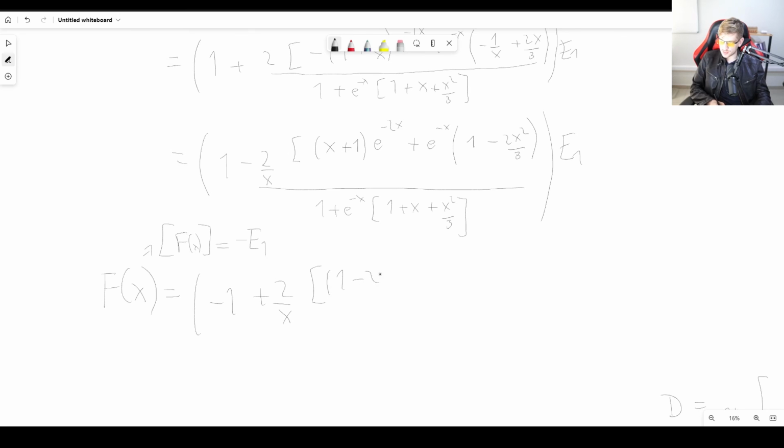So 1 minus 2x squared over 3, e to the minus x, plus 1 plus x, e to the minus 2x. All of this over 1 plus e to the minus x, 1 plus x squared over 3. And this is precisely what is in Griffiths' book. So that's how you get to that.